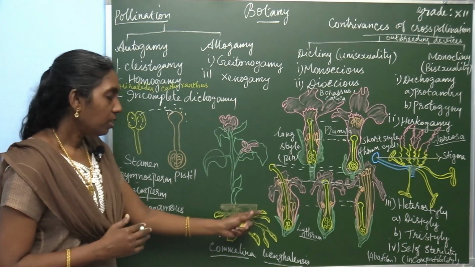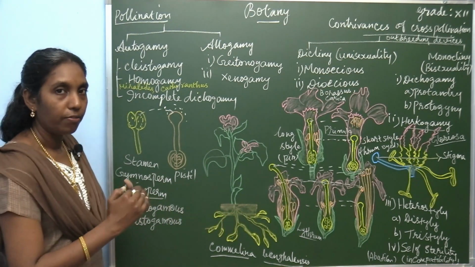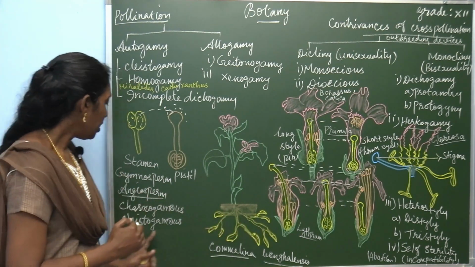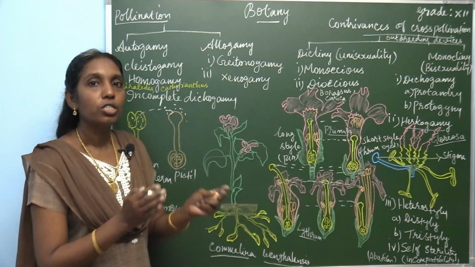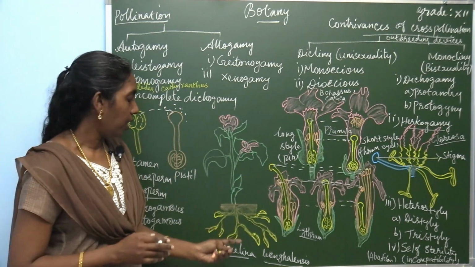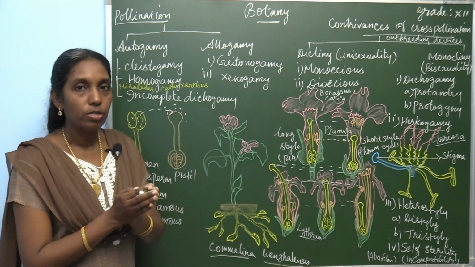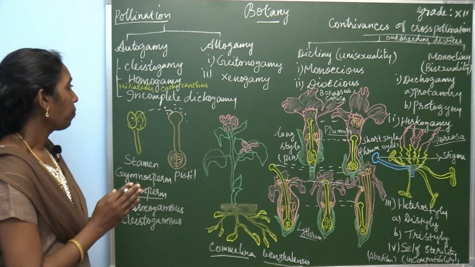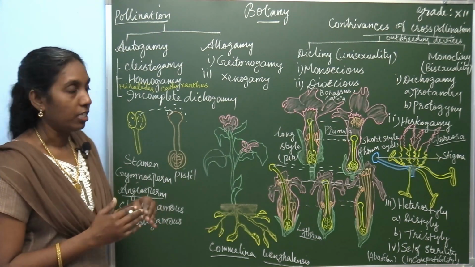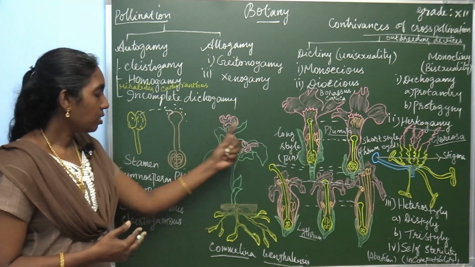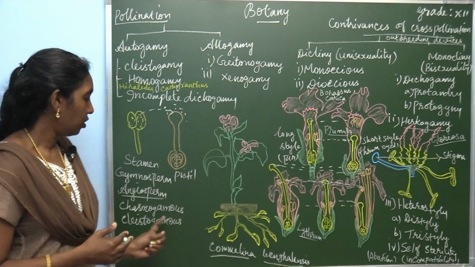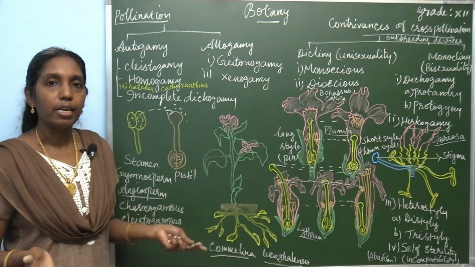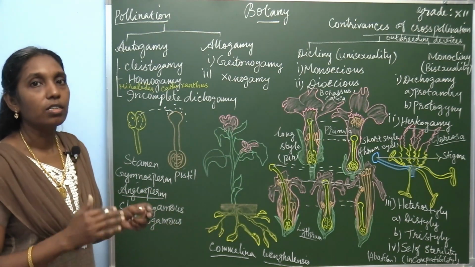But in the underground stem or rhizome, there are cleistogamous flowers which are closed flowers. The floral parts are closed. The flower is not open. It is a closed flower, to promote self-pollination.